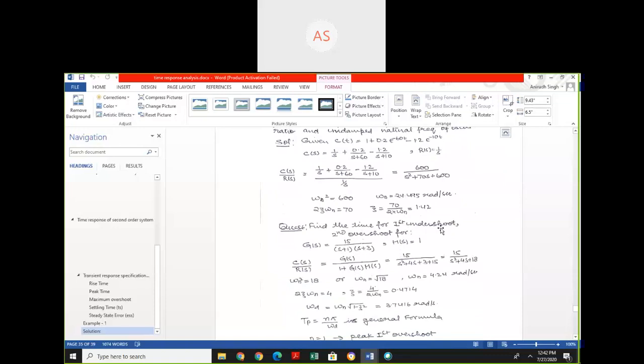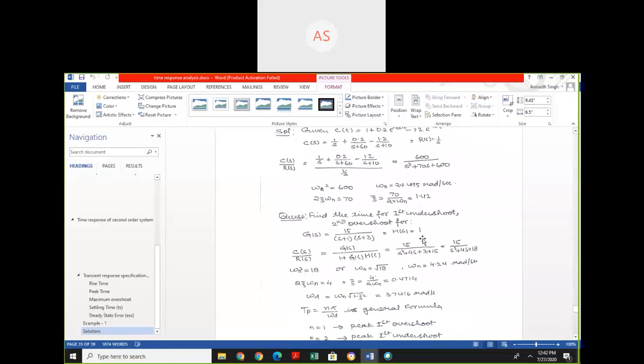Find the time for first undershoot and second overshoot for G(s) given by this and H(s) given by 1. Then apply the transfer function C(s) by R(s) is equal to G(s) divided by 1 plus G(s)H(s).